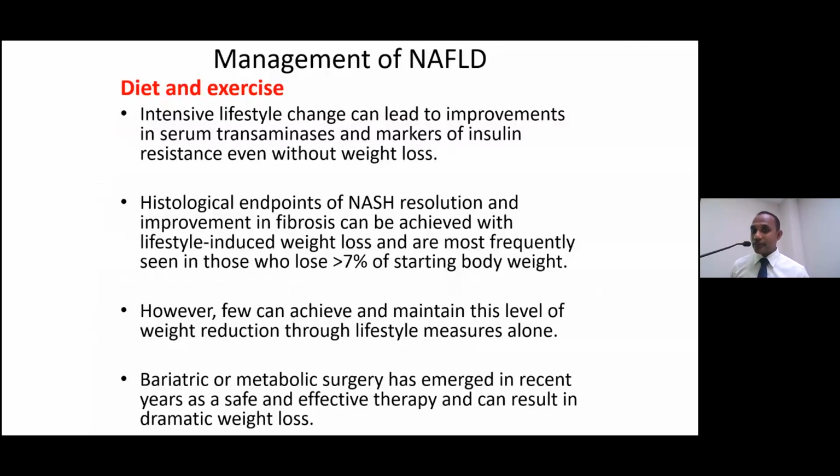Intensive lifestyle changes can lead to improvement in serum transaminases and the markers of insulin resistance even without weight loss. So even if you don't lose weight, there would be improvement in the transaminases and markers of insulin resistance. We know that these things are important when it comes to the pathogenesis.